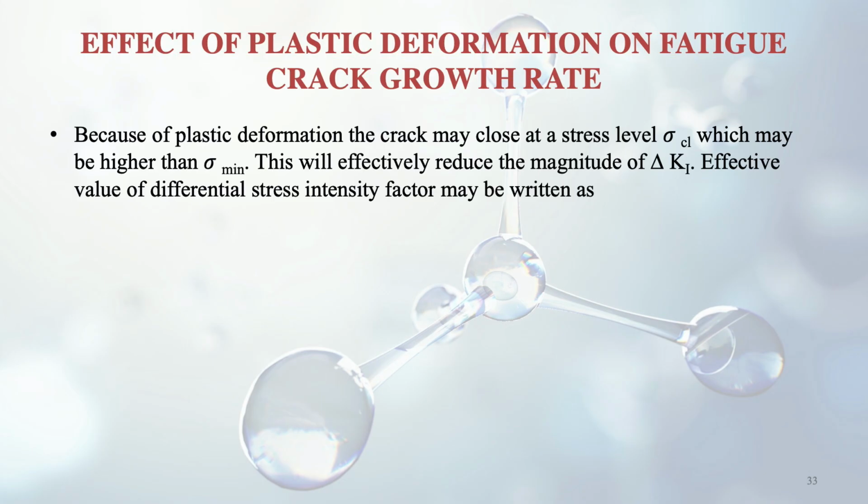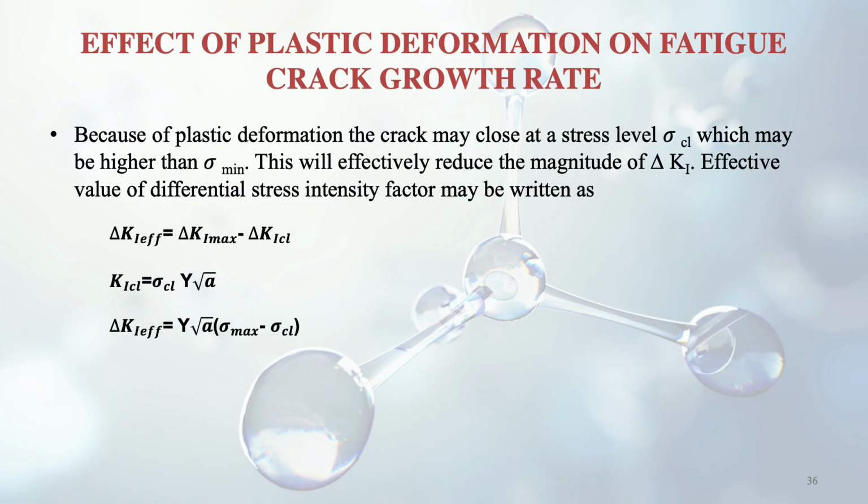So the effective value of the differential stress intensity factor can then be written as delta K max minus Ki CL. So it will not be K min here, instead it will be Ki CL. So this delta Ki effective has now reduced, and Ki CL is given as sigma CL into Y into root A. If you recall, it is the same formula, only the stresses have changed.